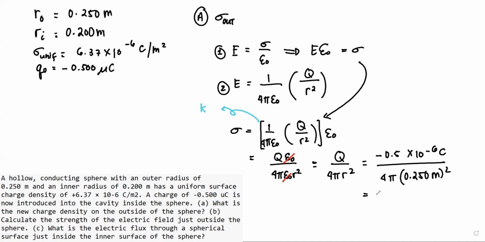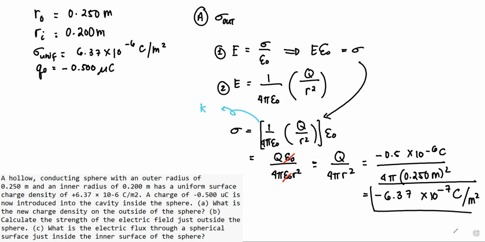So this would be negative 6.37 times 10 raised to negative 7 coulomb per square meter. This should be consistent with the knowledge that we've already learned before, like surface charge density must be charge per your area, so C per square meter.